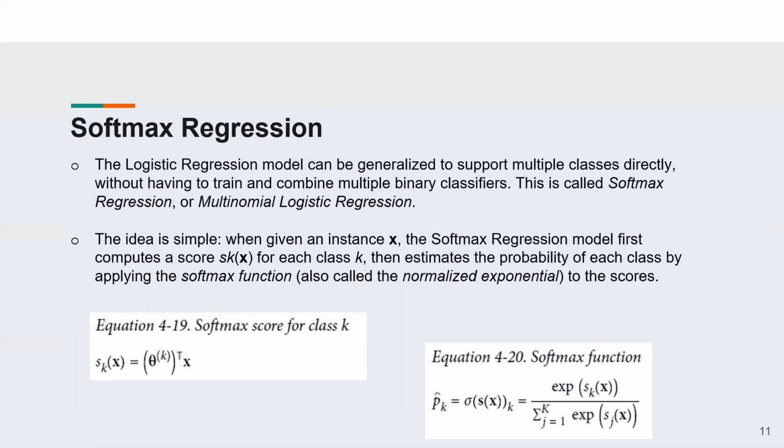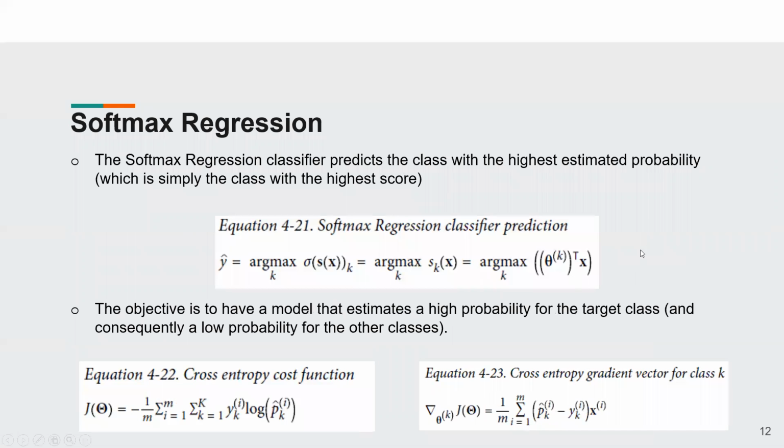After that, you pick the highest estimated probability, which is simply the class with the highest score. You pick the class with the highest score, and then you say, okay, this one has a higher probability of belonging to class 1 or class 2 or class 3.